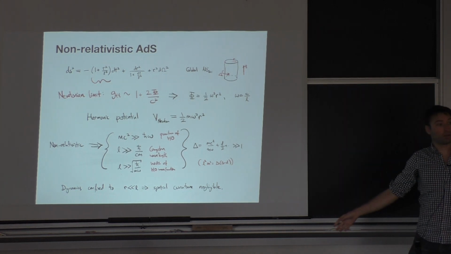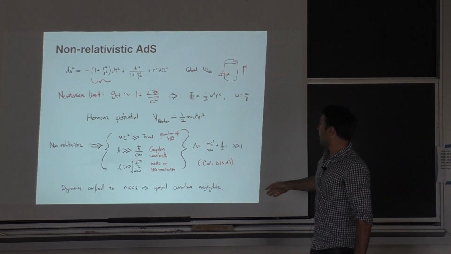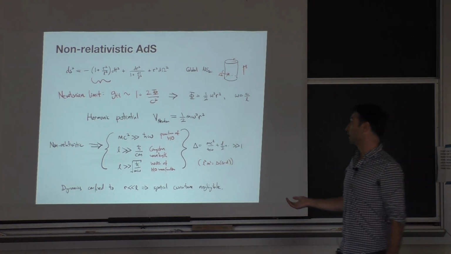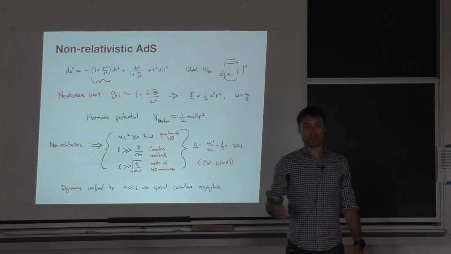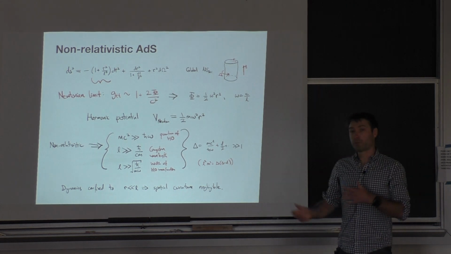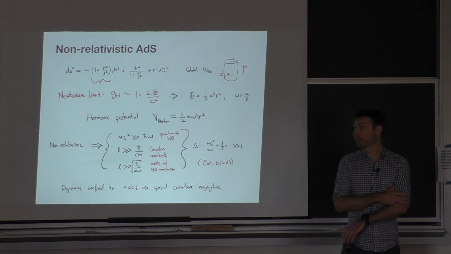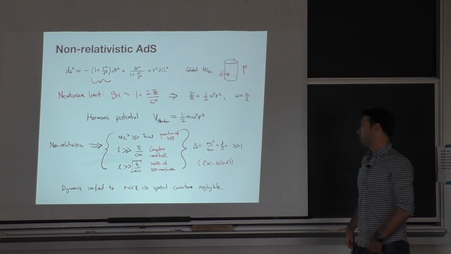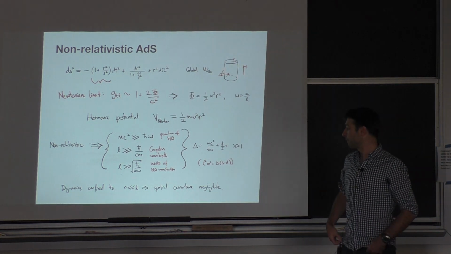So that's the thing we're going to hold fixed. And okay, that means that any particle of mass m that moves in AdS non-relativistically has this extra quadratic harmonic potential. On top of whatever interactions it has with everything else, every particle will have this universal potential that depends in this way on its mass.